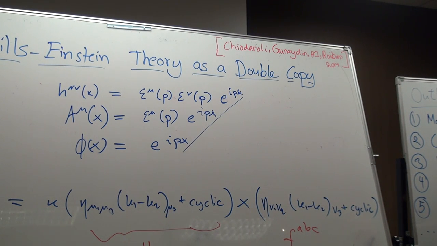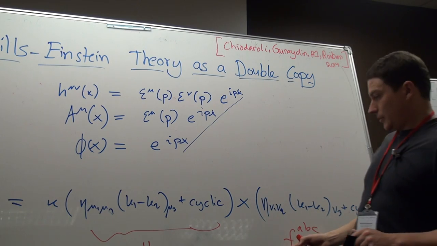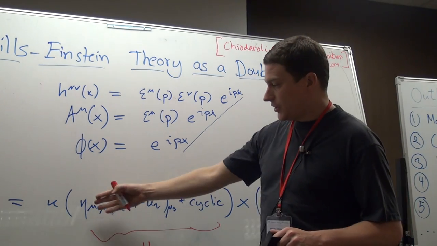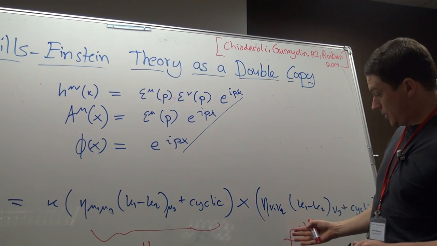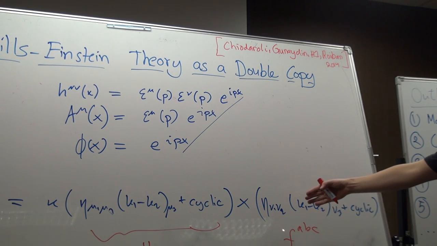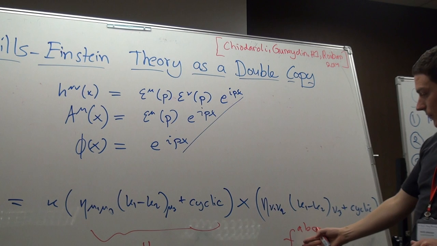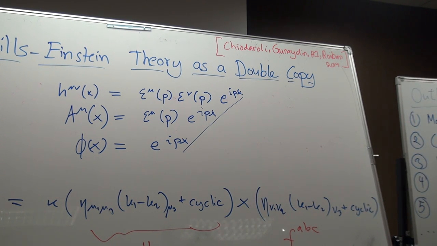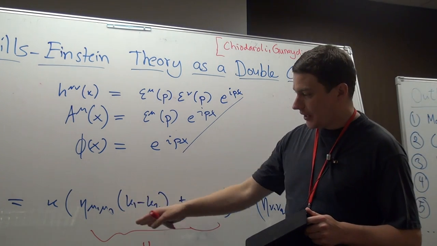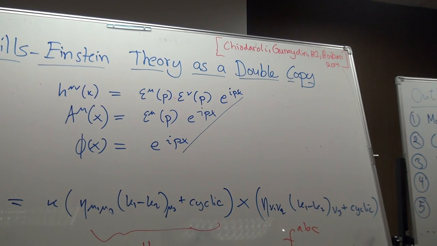So here again you see this interesting structure that the same object that appears in gravity also appears in Yang-Mills, or vice versa. But some of the kinematical part is replaced in this case by a color factor because it's a non-abelian theory. Now you could have shown this in another way by just looking at the possible structures that can show up for a 3-point amplitude.